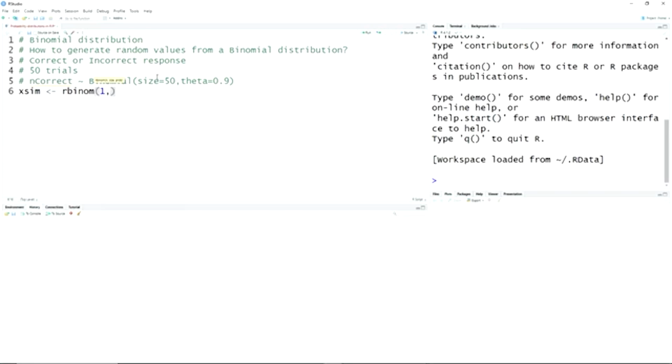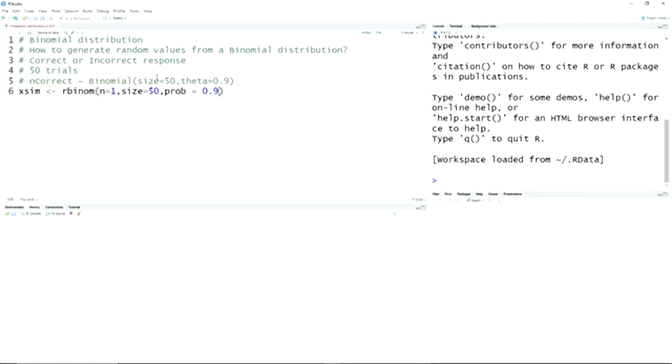So n = 1 is the number of samples you want to draw, the number of experiments you want to simulate. Size is 50, so a total of 50 trials. Theta is not defined as theta here; the parameter is called prob. So the theta parameter is called prob here, and prob is 0.9.